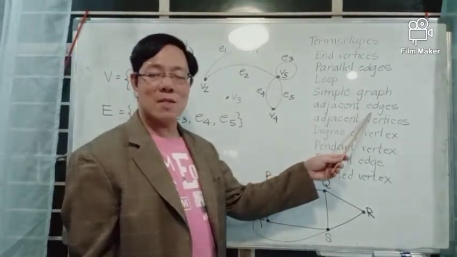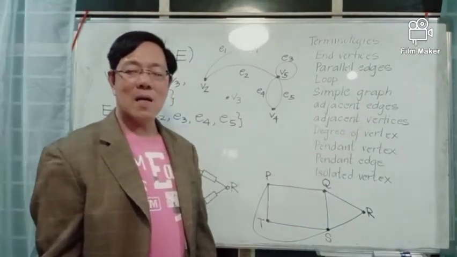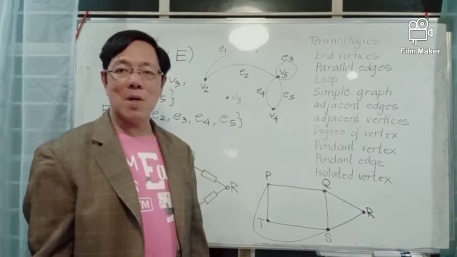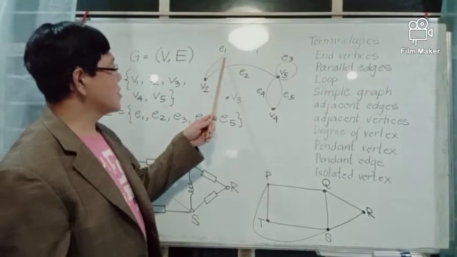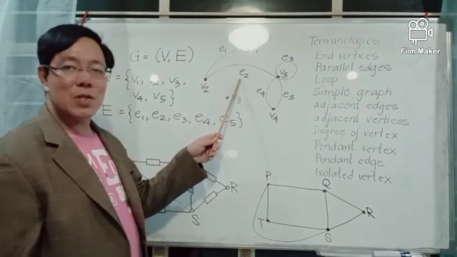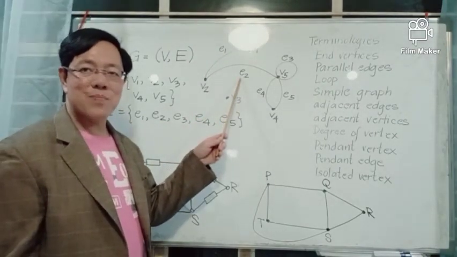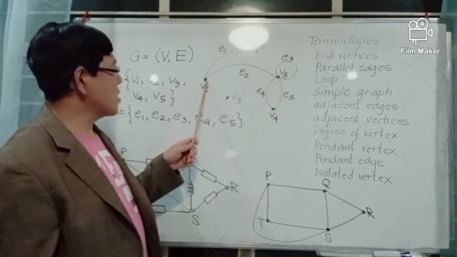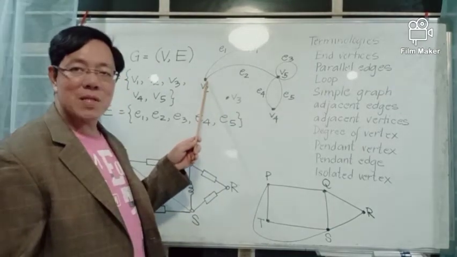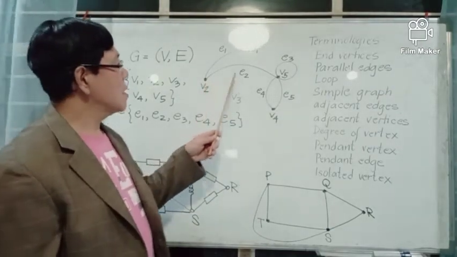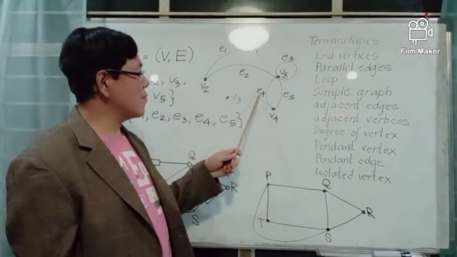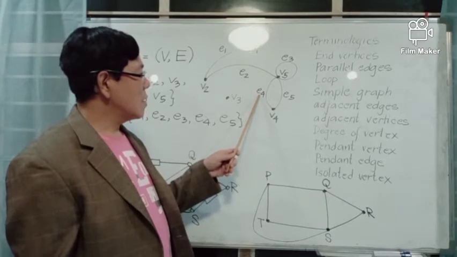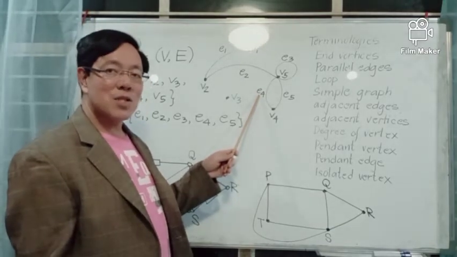Adjacent edges are edges that share a common end vertex. Edge E1 and edge E2 are adjacent edges. They share a common end vertex V2. Edge E2 and the edge E4 are adjacent edges.